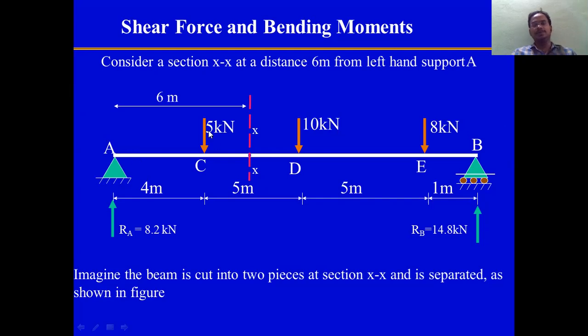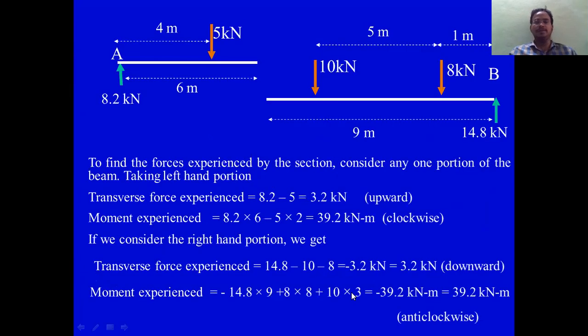So this anti-clockwise moment is equal to the clockwise moments. Finally, on solving both the equations, we will get Ra and Rb. So this is how we will find out the reaction forces.